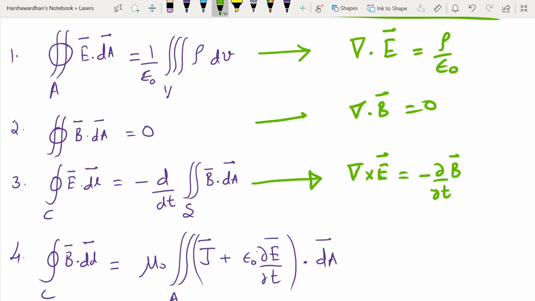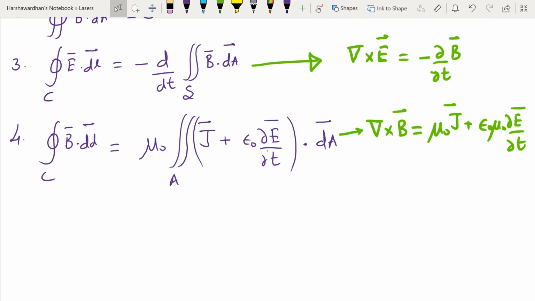Please implement this for yourself and convince yourself that this is indeed true. And similarly, we have the Ampere's law, which is del cross B is simply mu naught J plus epsilon naught mu naught dou E by dou t.